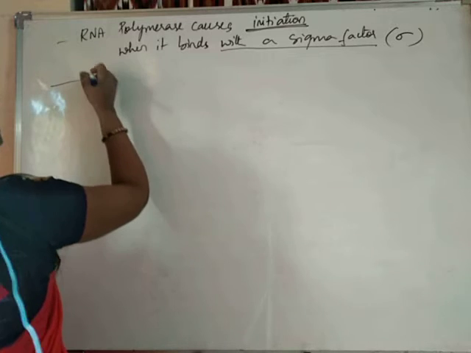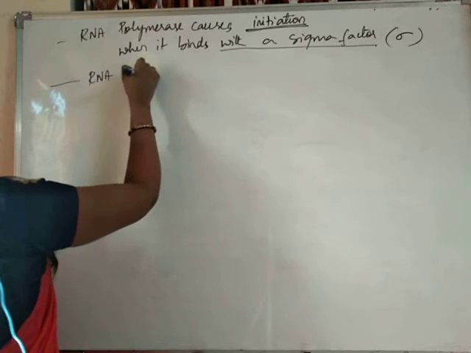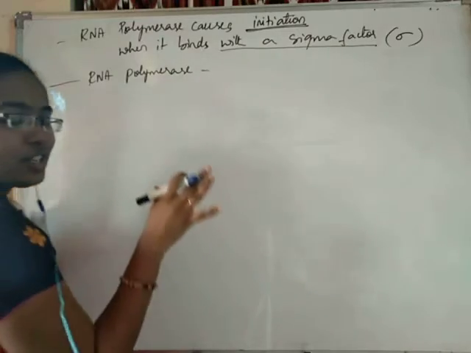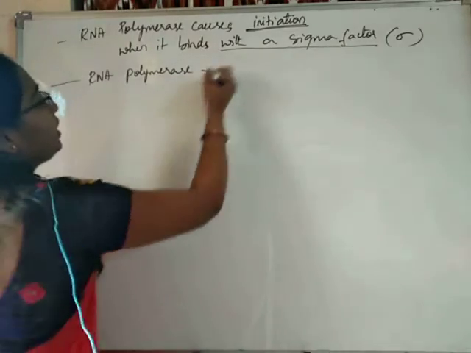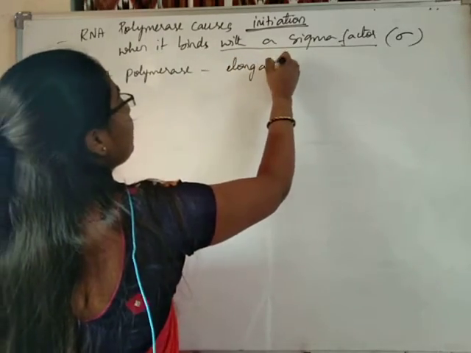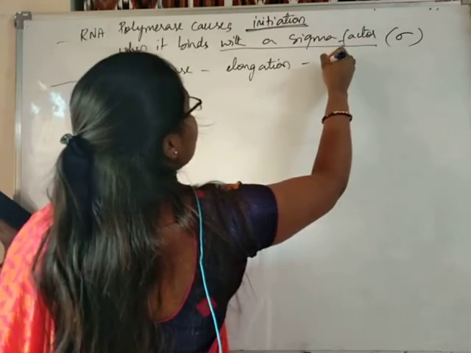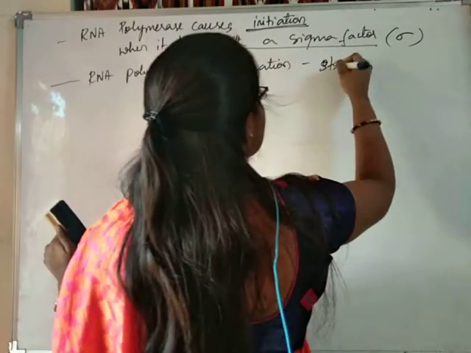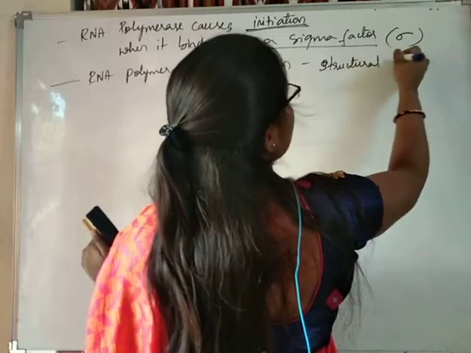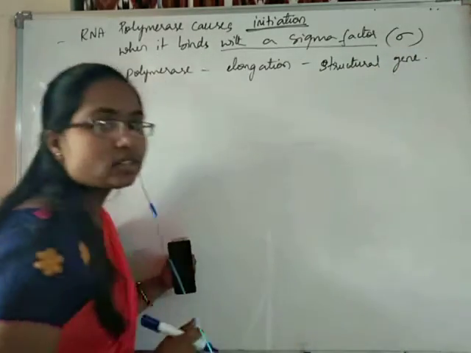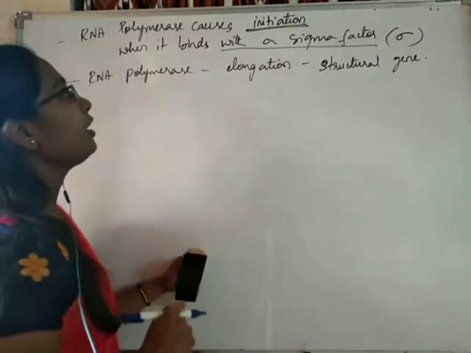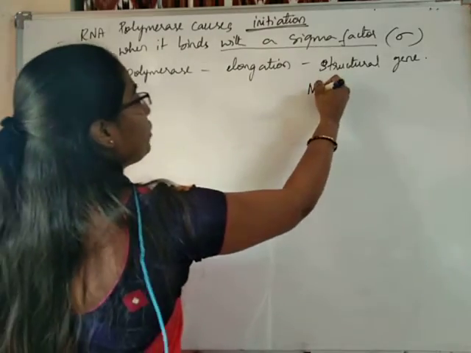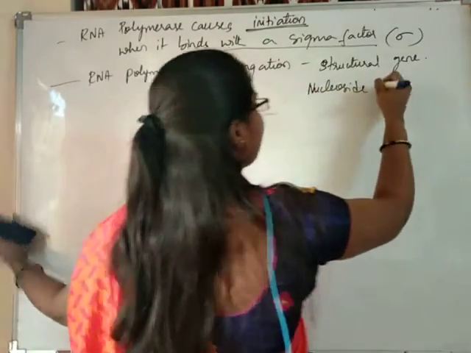After that RNA polymerase will leave the sigma factor. After initiation is done, it will leave the sigma factor. It causes elongation using the structural gene as a template, and also utilizing nucleoside triphosphates.